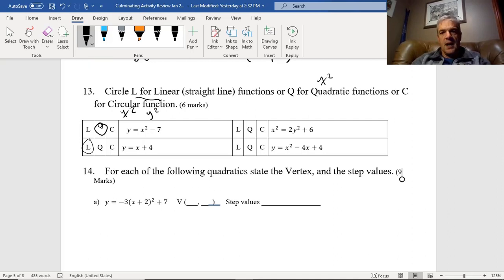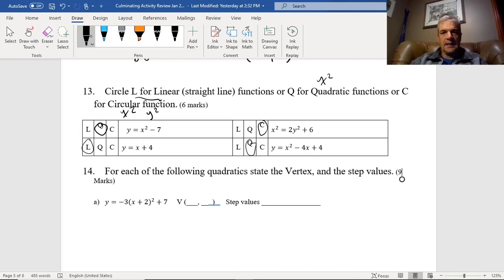And when I look at the next one over here, I have an x squared and a y squared. That tells me it is a circular function. And then the next one is y equals x squared minus 4x plus 4. That still only has an x squared. It does not have a y squared, so it is quadratic. So I'd circle the quadratic, okay?